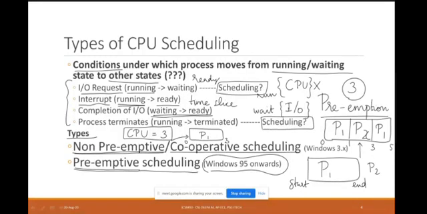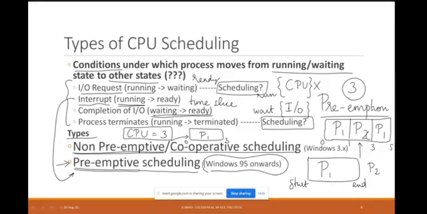Okay. So these are some of the conditions under which the process will move from one state to another. This is just your state transition. We are seeing a recap of this. Now, with preemptive scheduling, when there is an interrupt, it is preemptive scheduling.